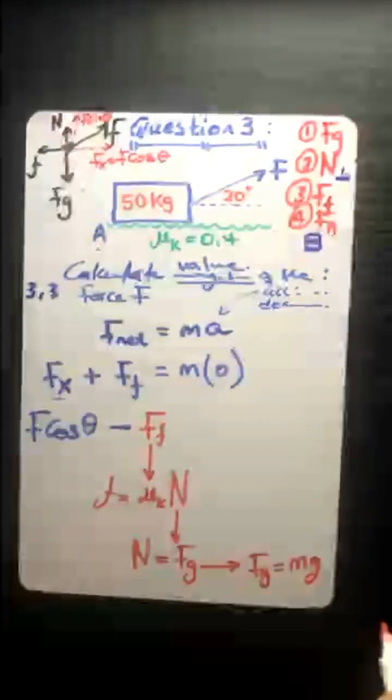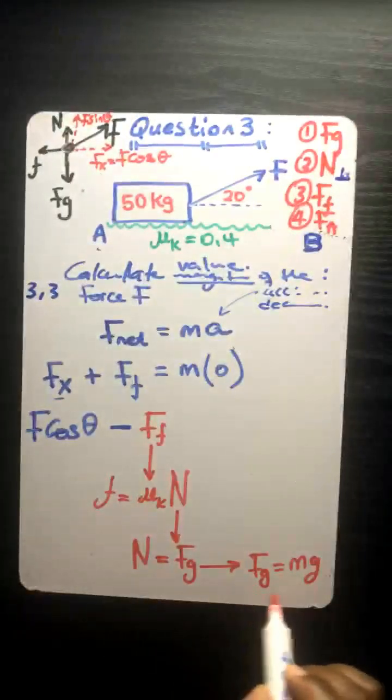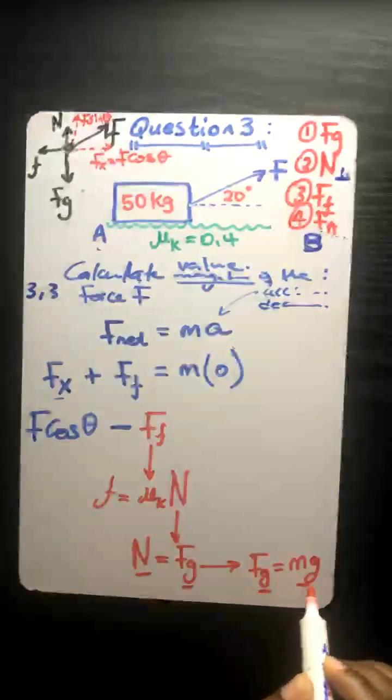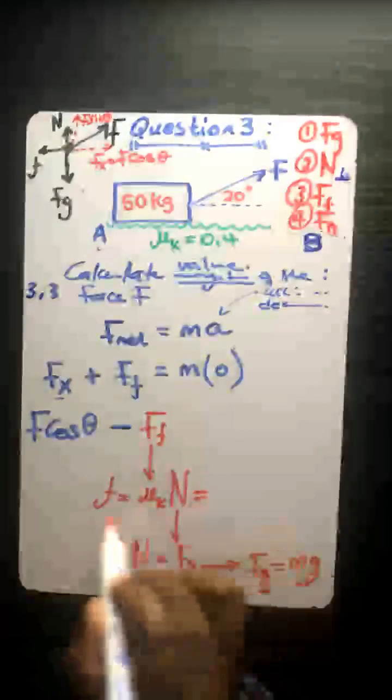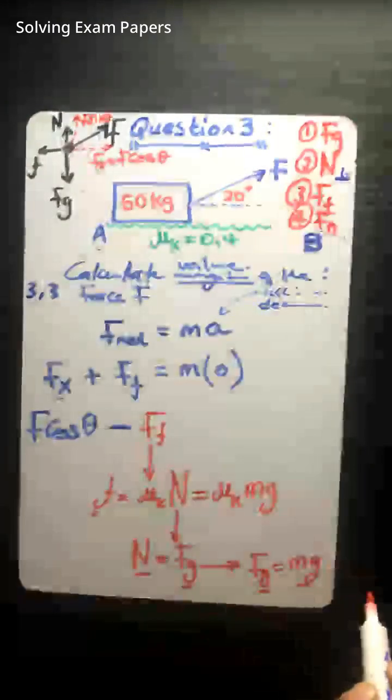So maybe let's work it in reverse. If we know that N is equal to Fg, then this force of friction is equal to mu k mg.